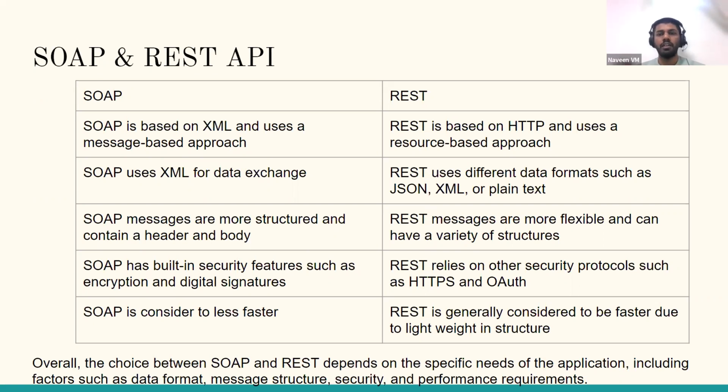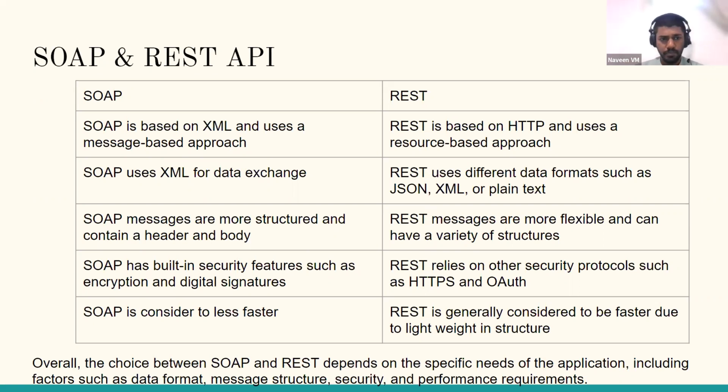REST is based on HTTP, where you have a particular HTTP URL, you call that URL, and you pass in whatever resource, so you can fetch the data or push the data. SOAP only has XML for data exchange from one system to another, but in REST you can use XML, JSON, or plain text.